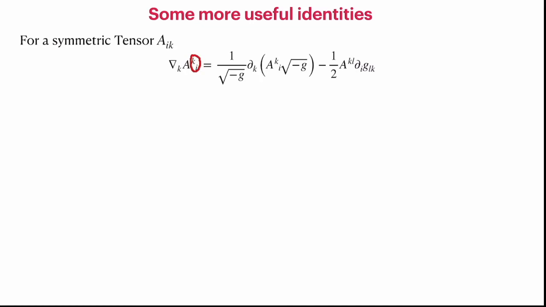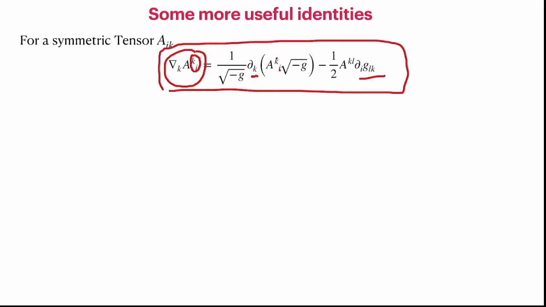A^IK is a symmetric tensor whose divergence is given as 1 by square root of minus g, the partial differential of A^KI square root of minus g, minus half A^KL, partial differential of the metric tensor. And this is somewhat important and useful.